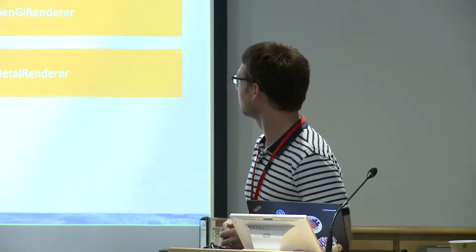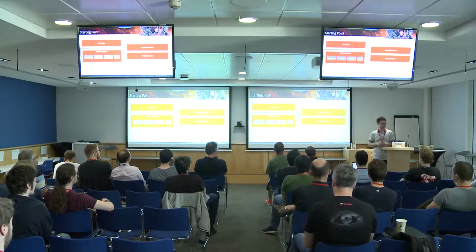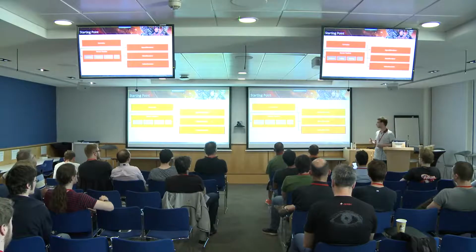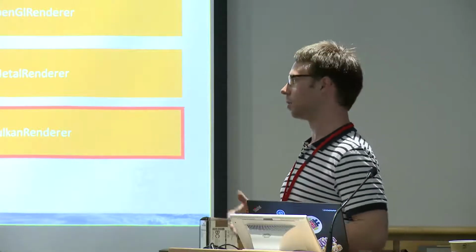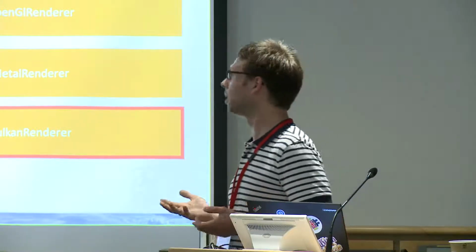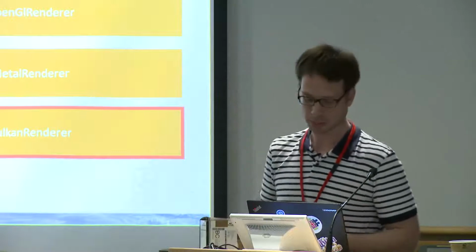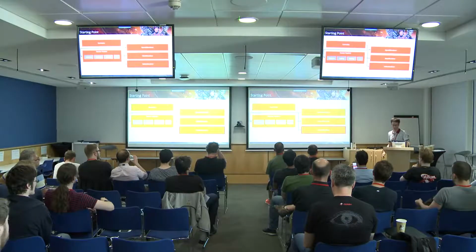Then we had the OpenGL renderer implementation, which also did the ES part, and the Metal renderer implementation. What's new now is the Vulkan renderer implementation, and that's what we're going to talk about. In there, you have the normal setting of uniforms and textures, binding of shaders, and of course the emitting of actual draw calls. Most of these things come with their own unique challenges when you try to do Vulkan, as we already heard today.